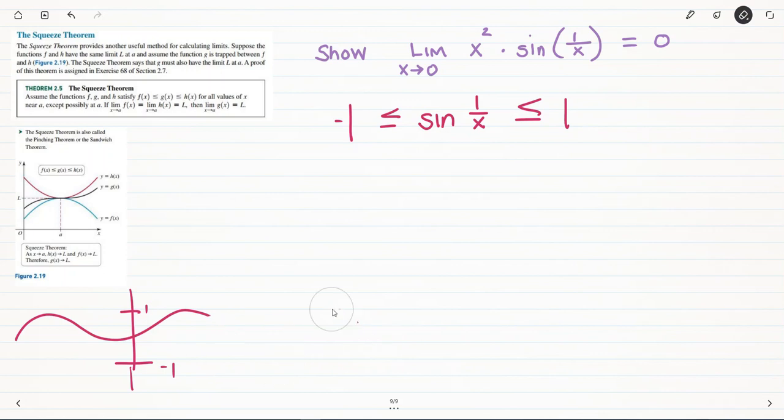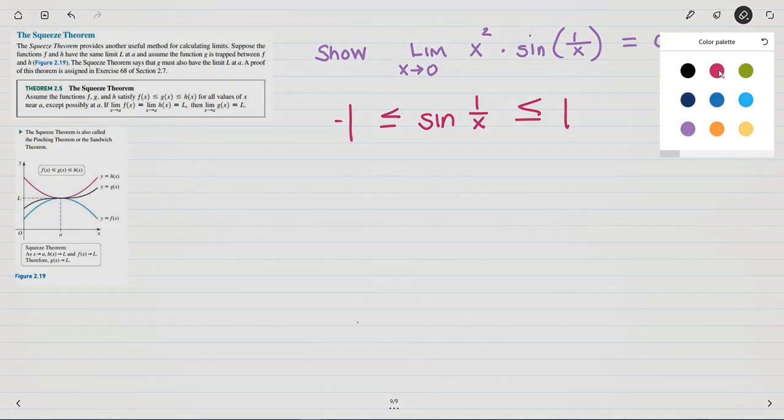So we can start by stating that the sine of 1 over x is between negative 1 and 1. And we could multiply everything by x squared, because x squared is always going to be positive.